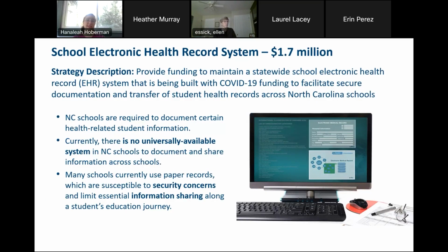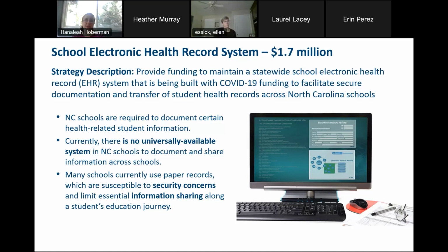Some of them use systems that are similar to the system we're proposing, but it doesn't communicate with the other systems that schools across the state are using. Some of them are still using paper or something like Excel, which really exposes our students to security concerns with their data. This is critical health data, and we want to make sure that it stays safe.